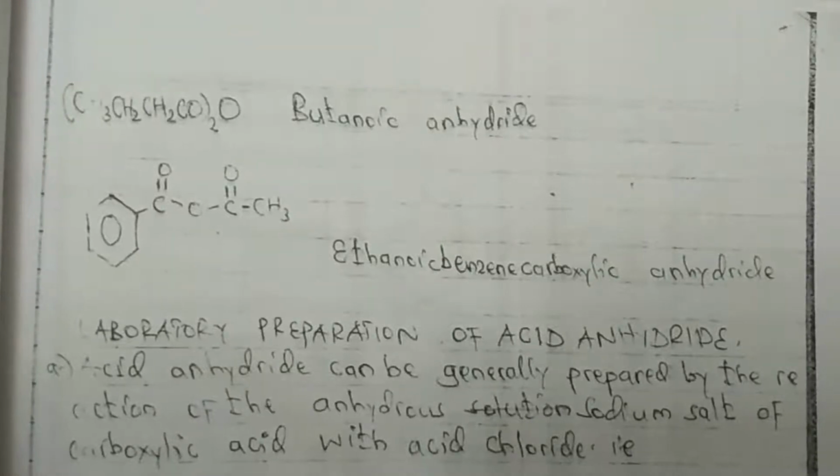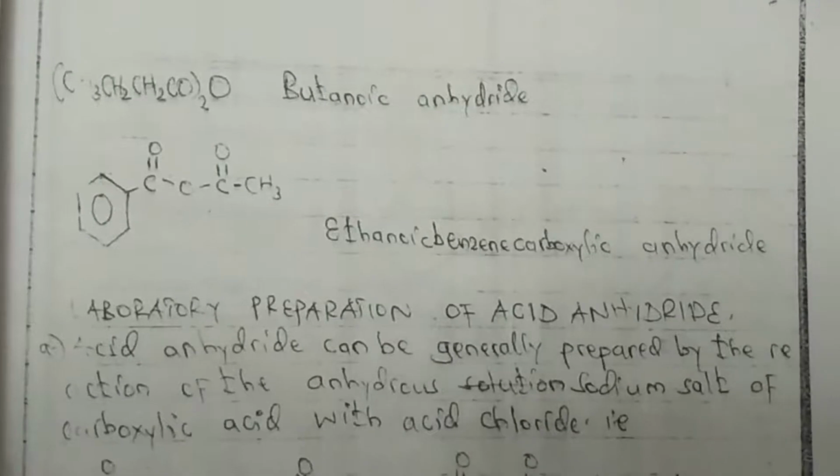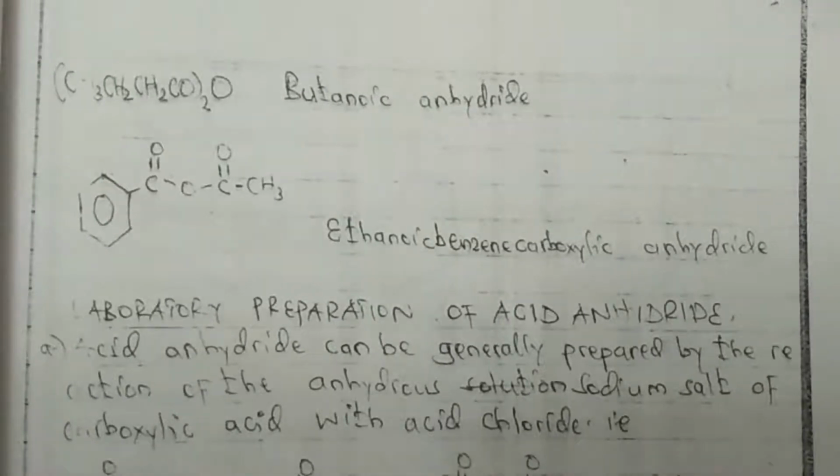Let's move to laboratory preparation of this acid anhydride. Acid anhydride can be generally prepared by the reaction of the anhydrous sodium salt of carboxylic acid with acid chloride.